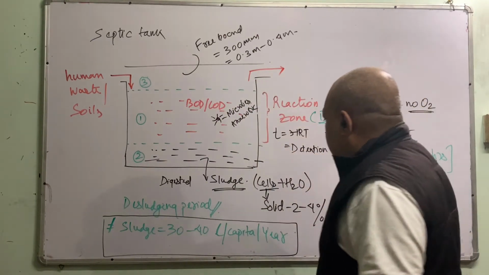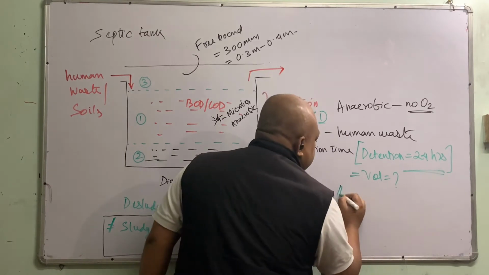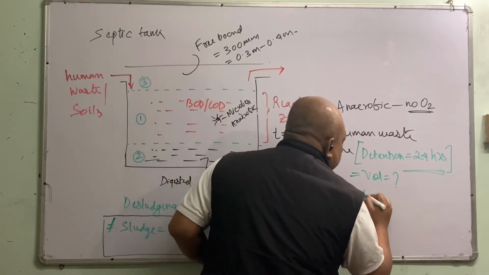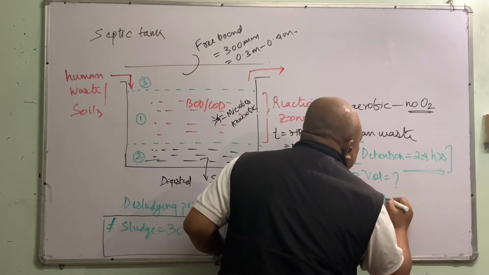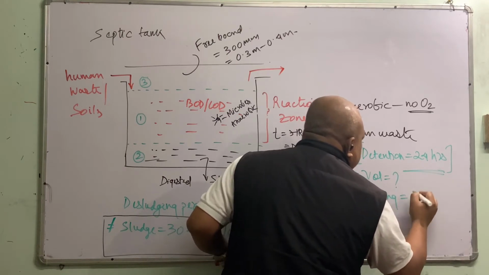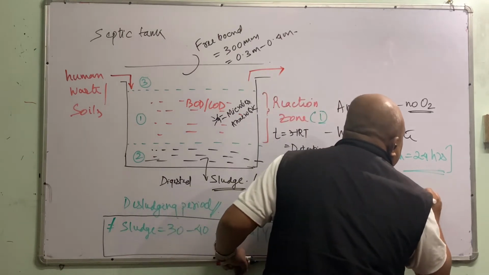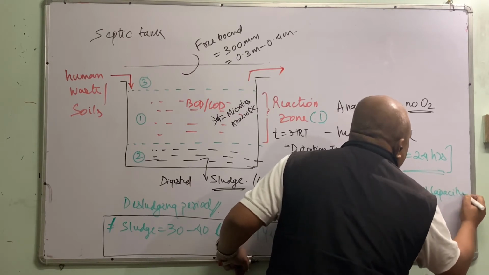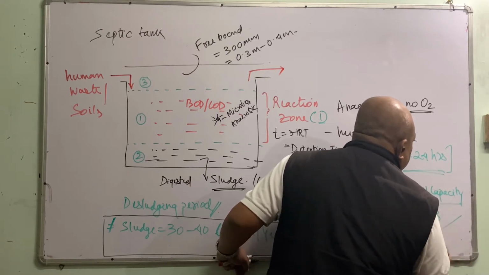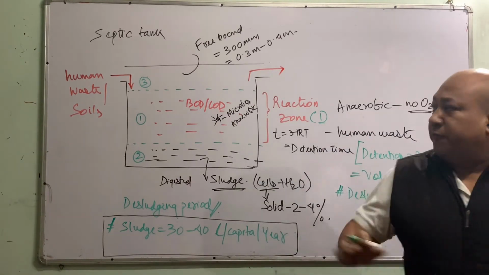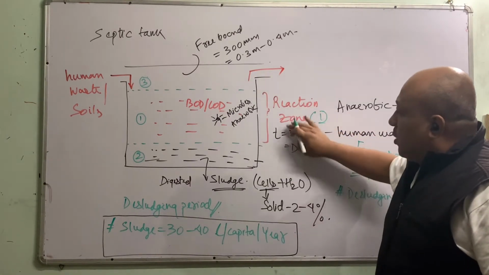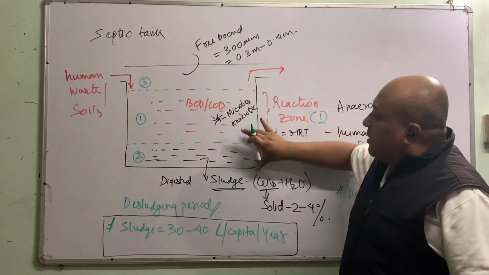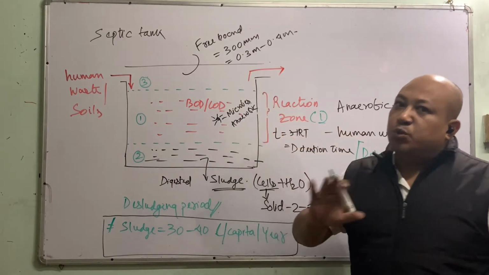What we do next is desludging. The minimum we do is when it is full capacity divided by 3. Full capacity means 1 plus 2. When around 1/3 is occupied, then we do desludging.